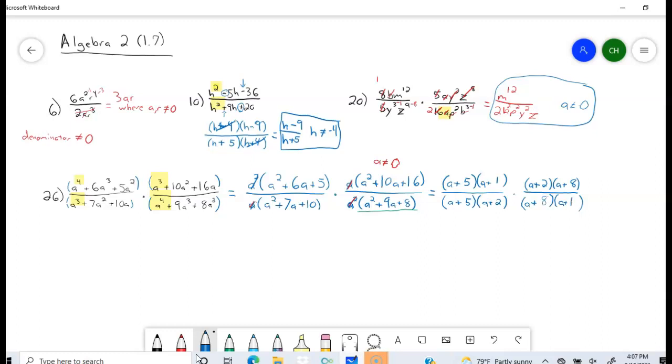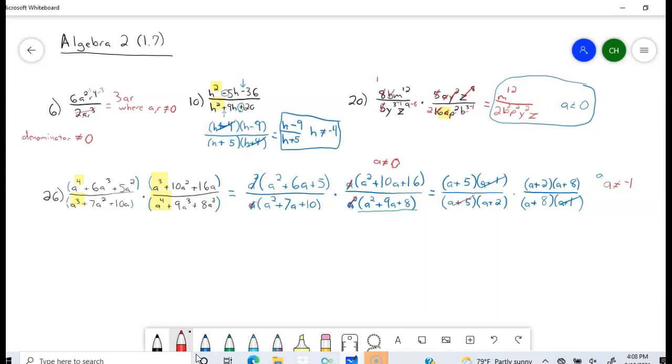All right, so when I go to cancel, that one and that one goes away. So I just got rid of something on the bottom. On that one, a cannot equal -1 because -1 plus 1 is 0.